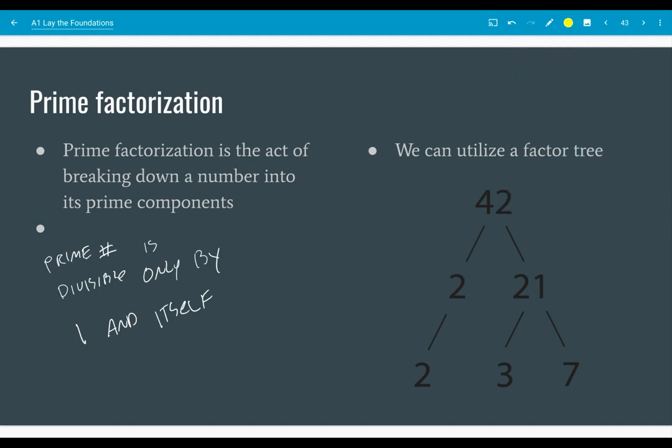So if we think of prime numbers, usually it's 1, 2, 3, 5, 7, 11, 13. Those are the beginning ones, and prime numbers go on up.